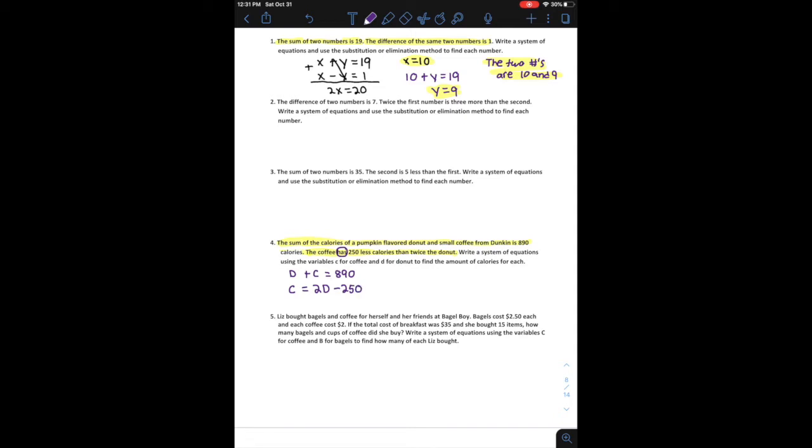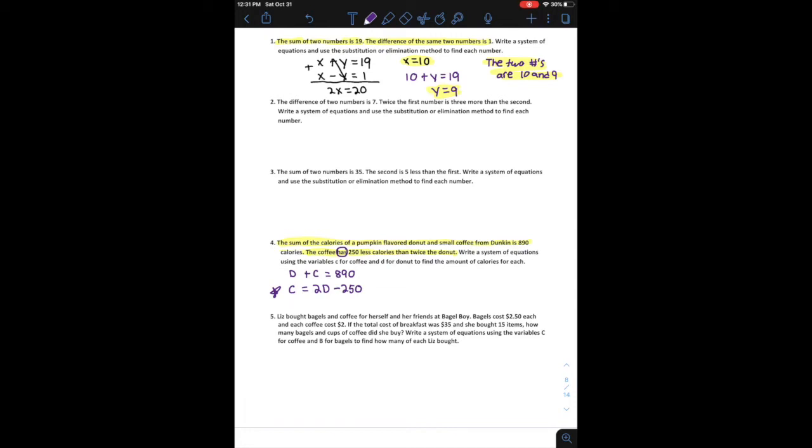Now that I have both of my equations, we could use either the elimination method or the substitution method to solve. You could actually pick either of these. If you wanted to use the elimination method, however, we needed to line up the like terms. So you could subtract the 2D in the second equation to make sure that the donuts and the coffee line up.